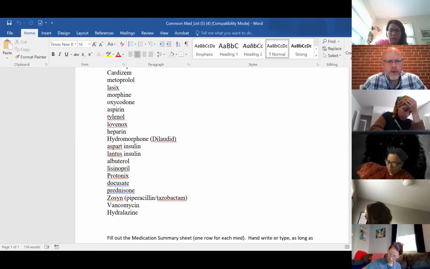Same considerations around morphine. So all of your narcotics and opioid pain medications are going to have the same nursing considerations. We're worried about CNS depression. We're worried about respirations, potential confusion. They're obviously a fall risk. Got to watch out for the constipation and make sure they're on a bowel regimen.